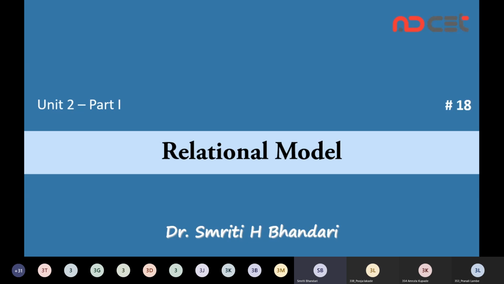So today we are going to continue our discussion related to the relational model, and we are going through a few of the terminologies that are used with respect to the relational model. I hope you have understood how an ER model is converted into a relational model or relational schema.